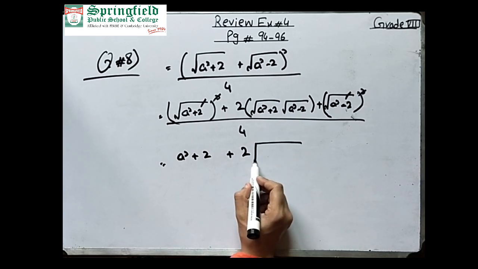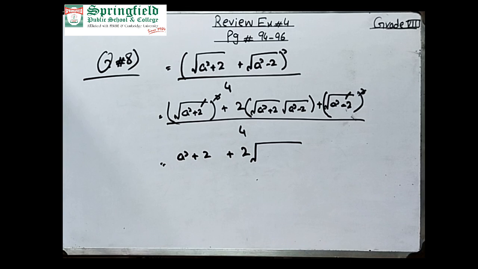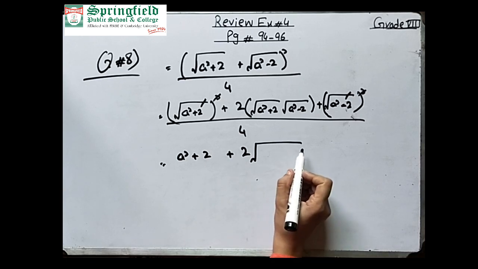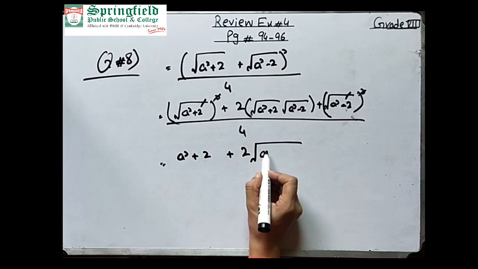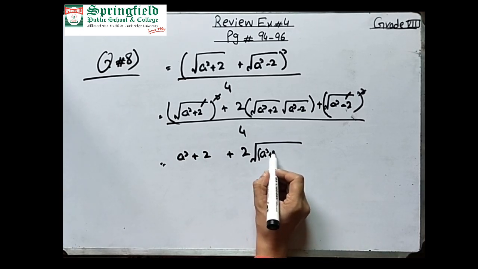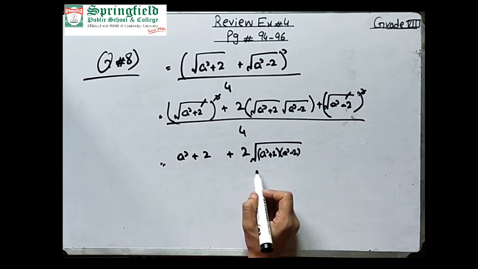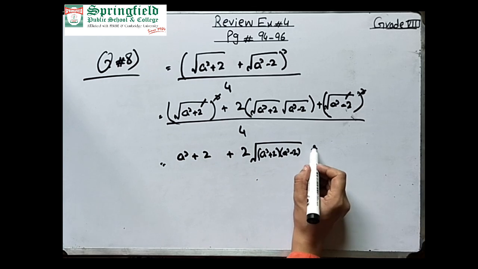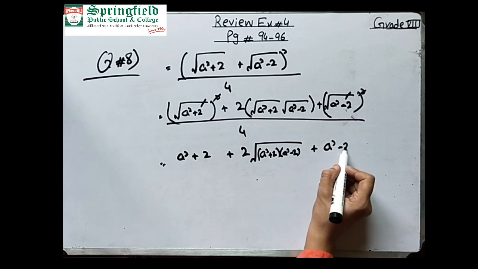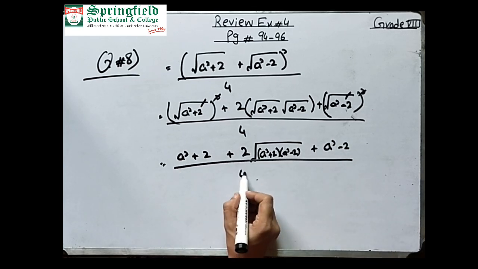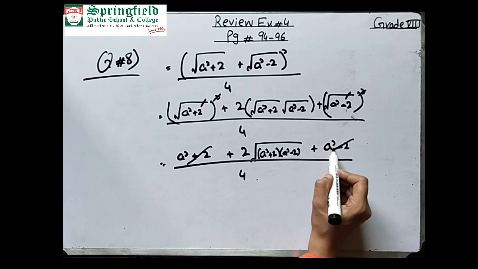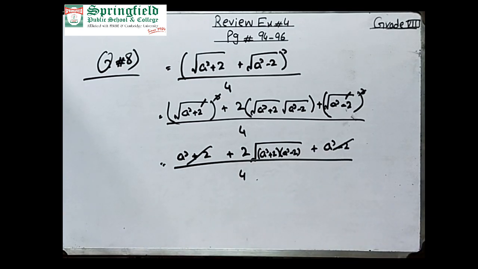So we know that when two or more numbers or expressions have the same square root, then we can write them in one square root. So it can be written as a square plus 2 and a square minus 2 under just one square root, plus a square minus 2, divided by 4. So plus 2 cancels with the minus 2. Fine.